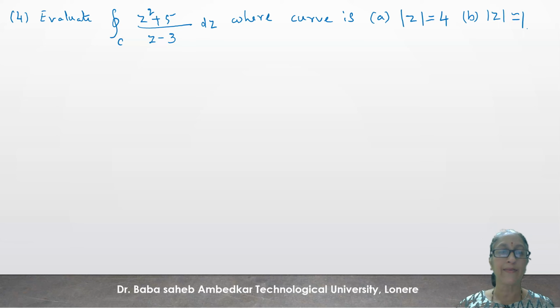Here two circles are given, so we have to find the value of this integral separately for both the circles. So here let us solve for this circle mod z equal to 4.